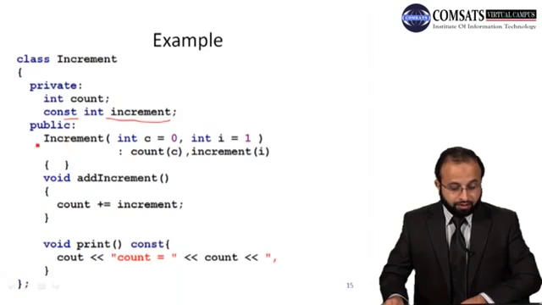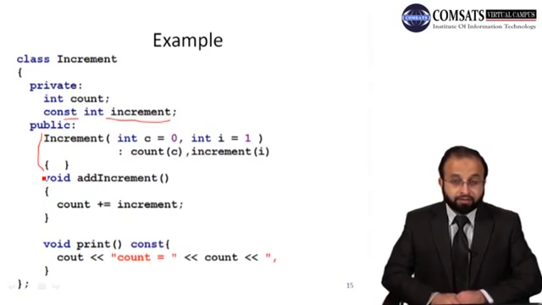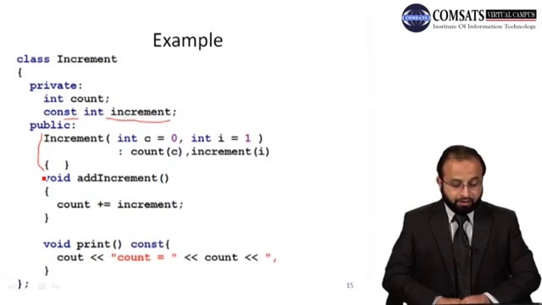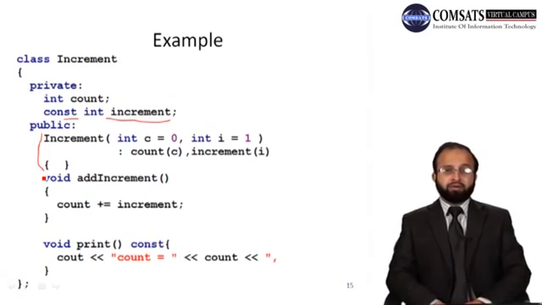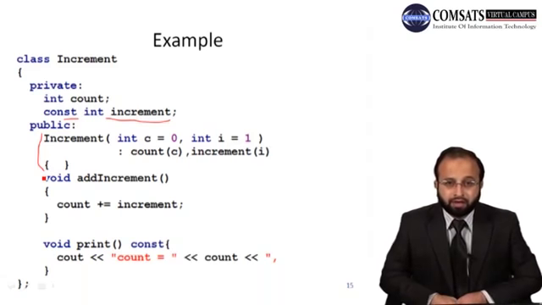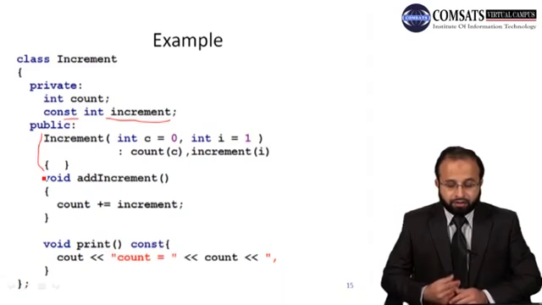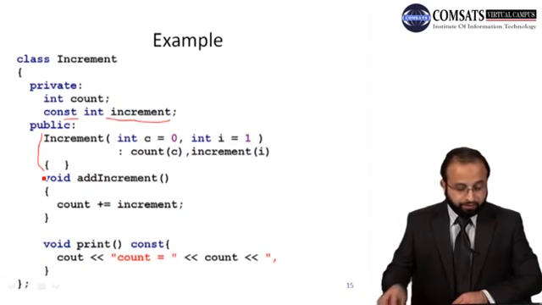So this is the increment constructor, and addIncrement is a function to add the increment. Why is increment constant? We make the increment constant because increment is something like the step, how much step it should perform after each increment, right?